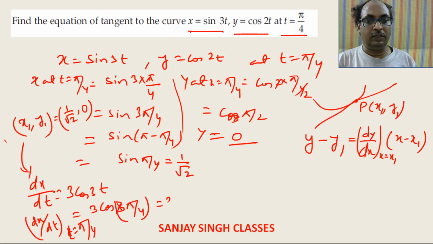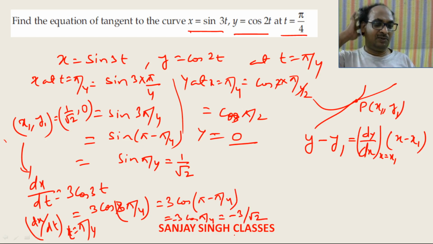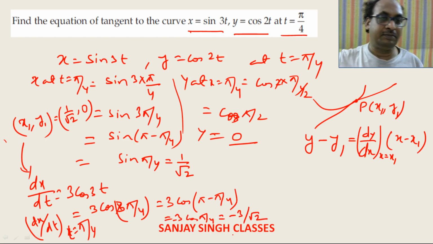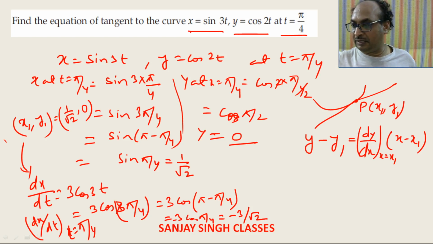This is giving us 3 cos of pi minus pi by 4, so it will become minus 3 cos pi by 4, which is minus 3 by root 2. So dx by dt we can find.